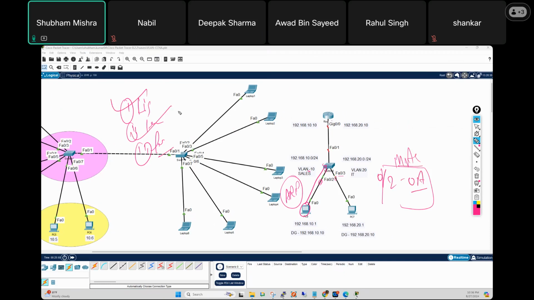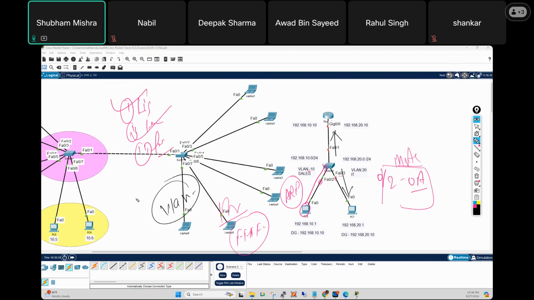After that, forwarding. Forwarding means before forwarding, this switch checks what the destination MAC address is. Destination MAC address is FFFF, which means this is a broadcast. Can you tell me yes or no? Yes. If this is a broadcast, it means this switch forwards this ARP packet through here and here. Yes or no? Yes. But before forwarding, the switch will check the VLAN also.